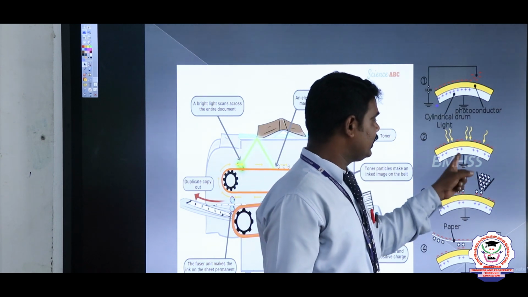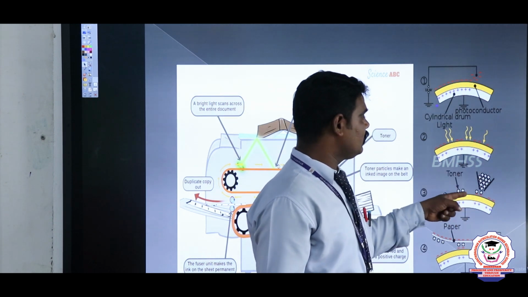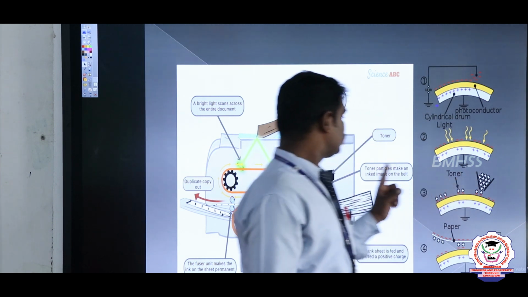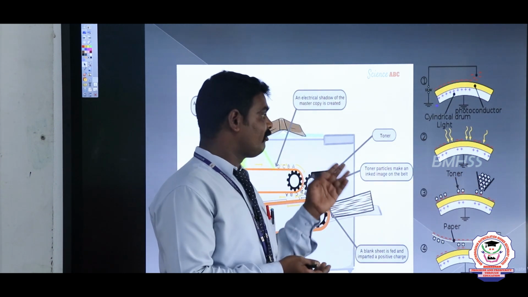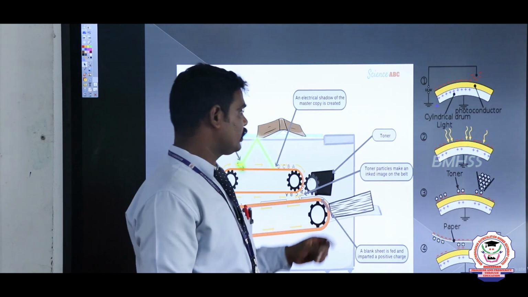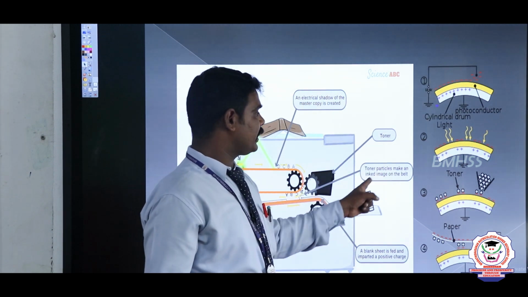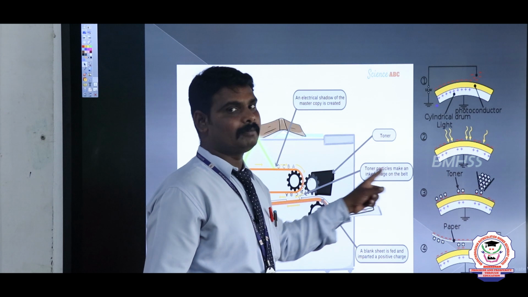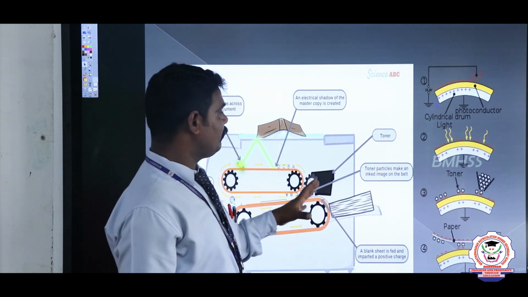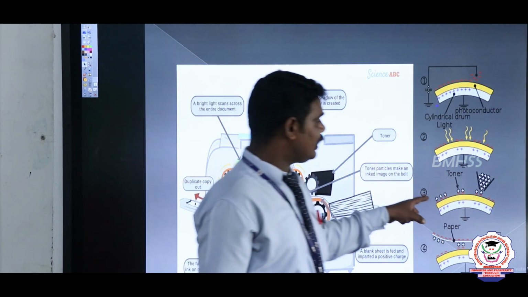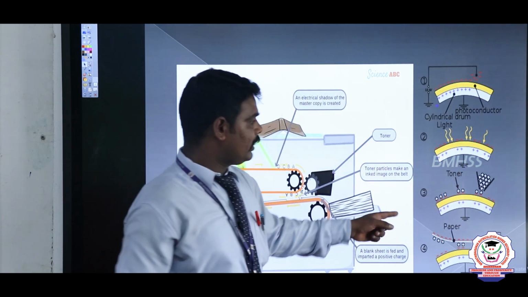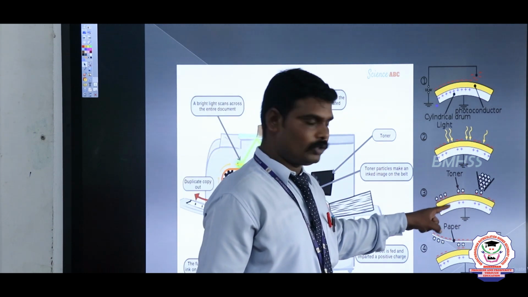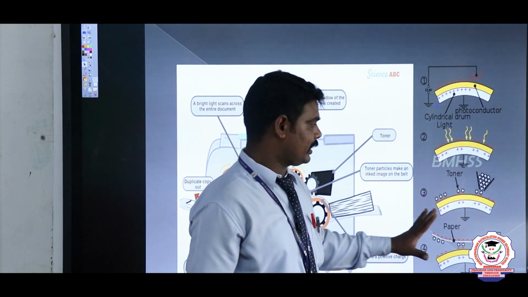That letter will be moved near the toner. So what is toner? That is black color, or filled with some ink. The toner particles make an inked image on that belt. It will be attracted towards the negative. Here the toner particle is positively charged, and the letters occupied are negative, so positive and negative will be attracted.